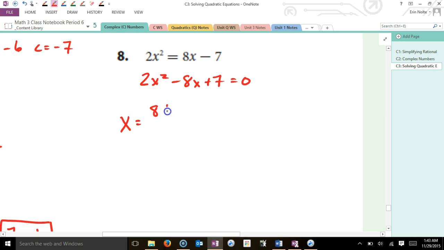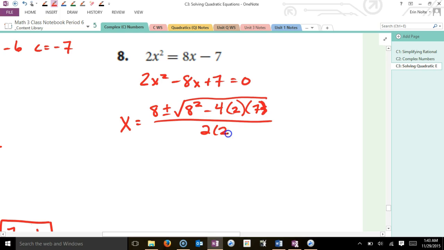So we got 8 plus or minus the square root of b squared, 8 squared, minus 4 times the a, which is 2, times the c, 7, all divided by 2 times the a, which we just said was 2.